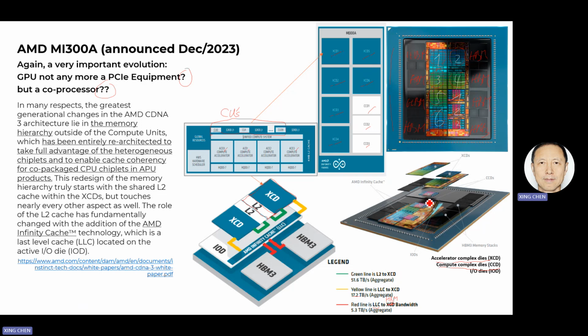Now here in this picture, we can see that the XCDs and the CCDs are layered one on the other. So it's a kind of 3D packaging.